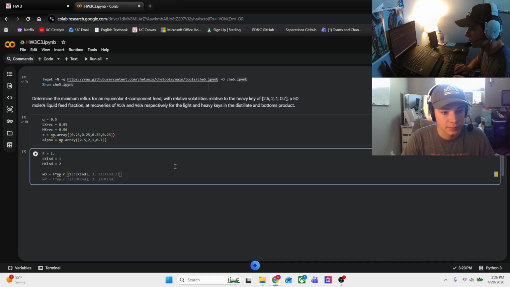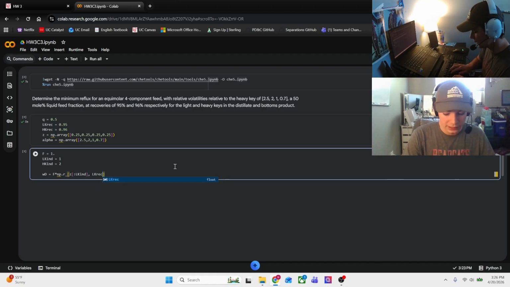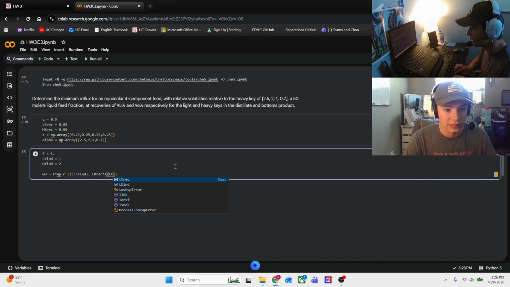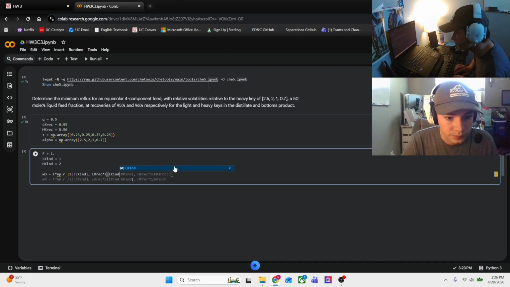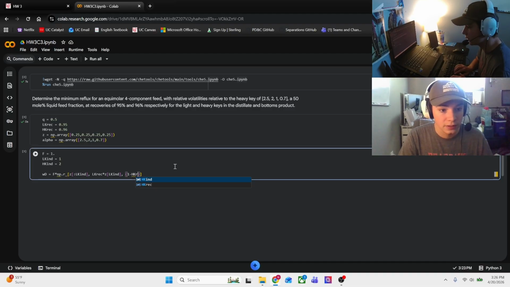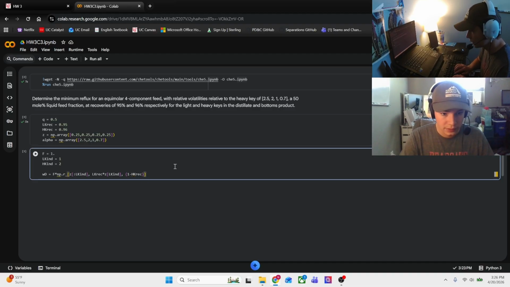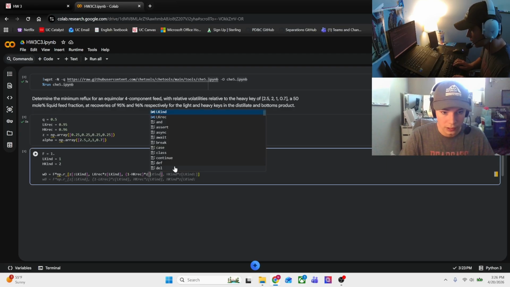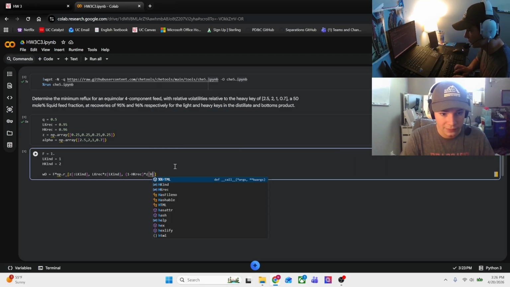And our next one is going to be our light key recovery times our z at our light key index. And then, of course, we've got 1 minus our heavy key recovery times our z at our heavy key index.